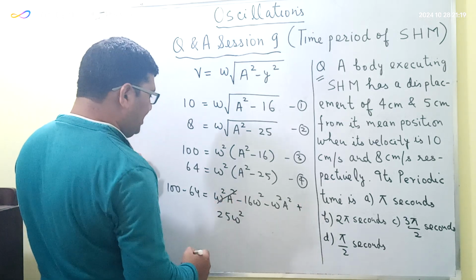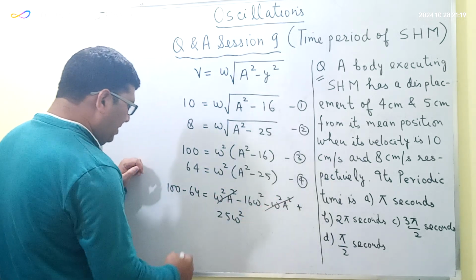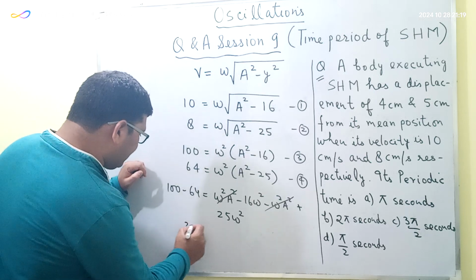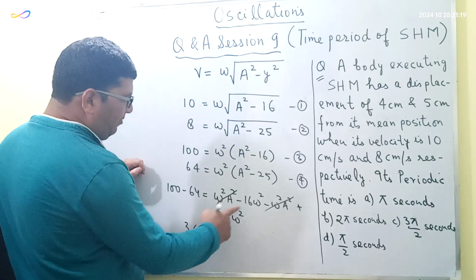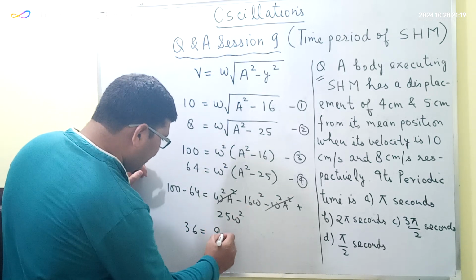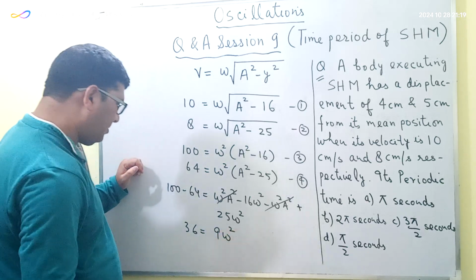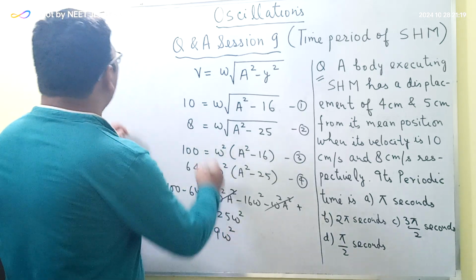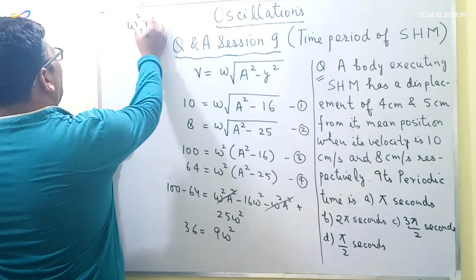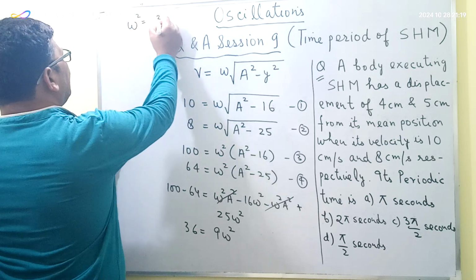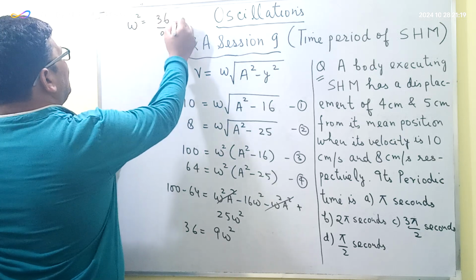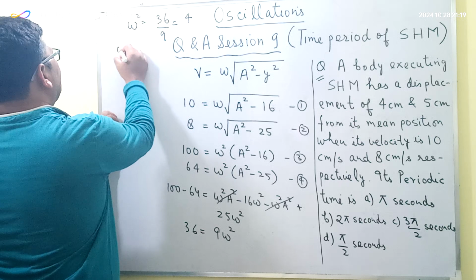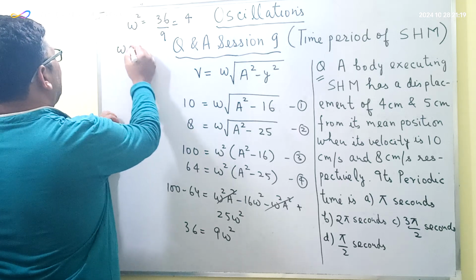So here omega square a square will get cancelled out, and finally I will be left with 36 is equal to, now 25 minus 16 is equal to 9 omega square. So from here I get the value of omega square as 36 by 9, so this is equal to 4.